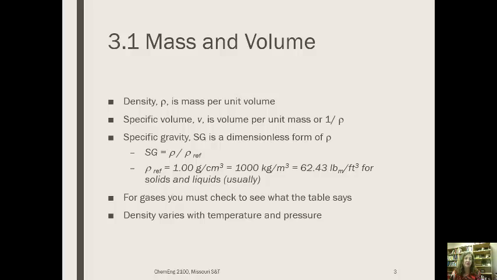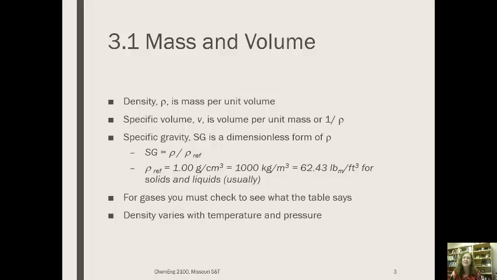You need to really be sure what the data table says, but typically for solids and liquids, use liquid water at 4 degrees C, which has the density of 1 gram per cubic centimeter, or 1,000 kilograms per cubic meter, or 62.43 pounds mass per cubic foot. The advantage of specific gravity is I can use any of those systems of units and it will still work.